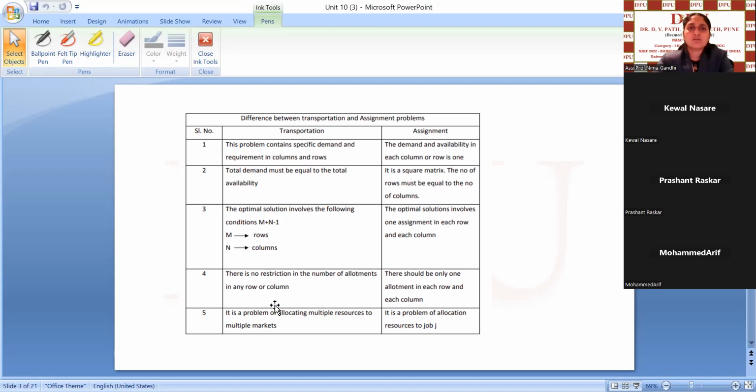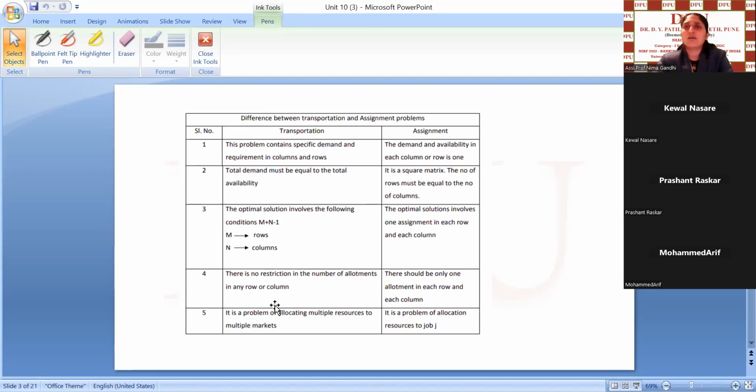So the optimum solution involves the following conditions. If you go for checking of the optimum solution, like I just explained, the methods we are using for finding the optimum solution in transportation are the stepping stone method or the MODI method.